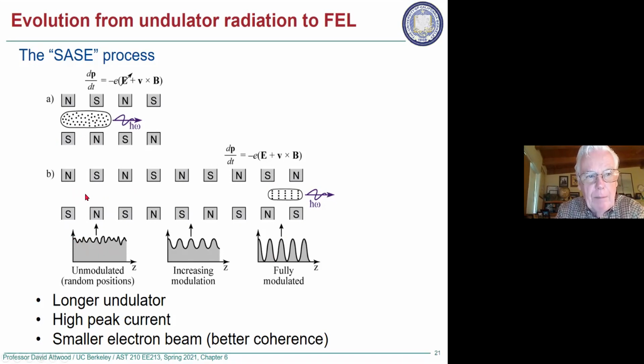And when that happens, it comes out of the noise, and that starts leading to an amplification process. That's the next slide. Eventually the modulation grows and reaches saturation, okay? So these are the 3 things it requires in order to get an FEL: a much longer undulator, higher peak current, and a smaller electron beam for better coherence.